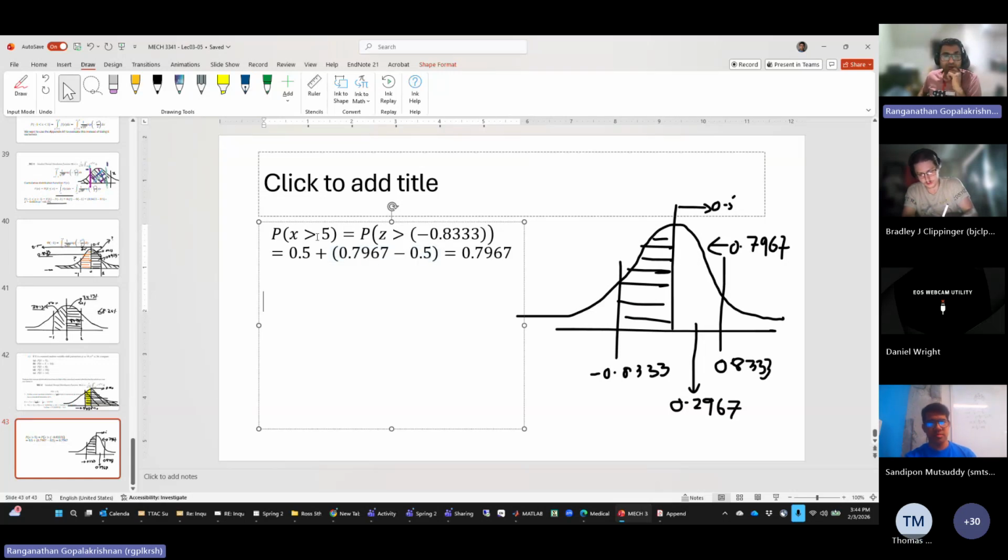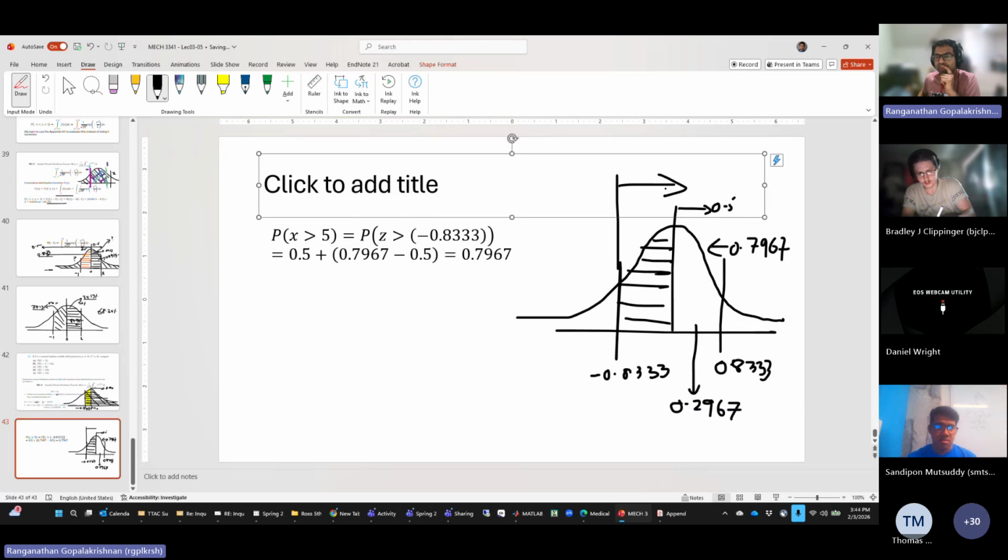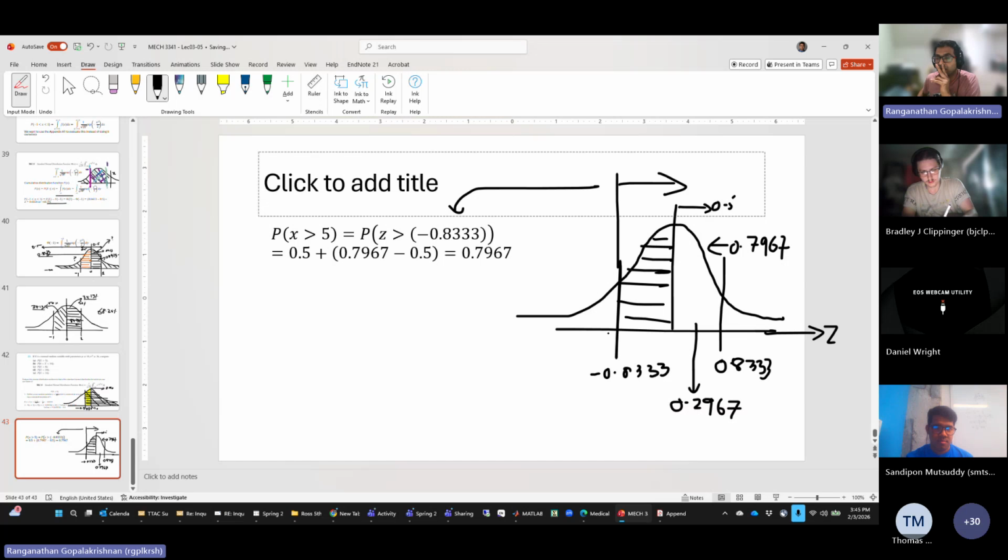So this is what we originally want, and then we transformed that to z greater than minus 0.83, which is really everything to the right of this line. That's what we want. You're with me? Everything to the right of minus 0.83 is what this statement means.